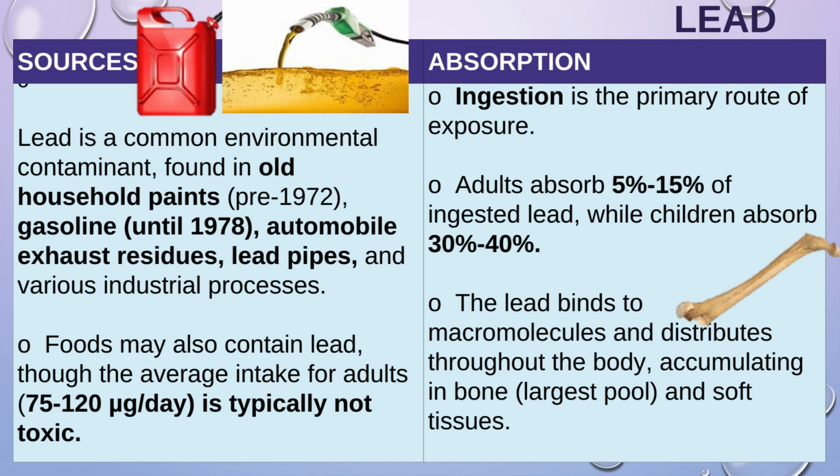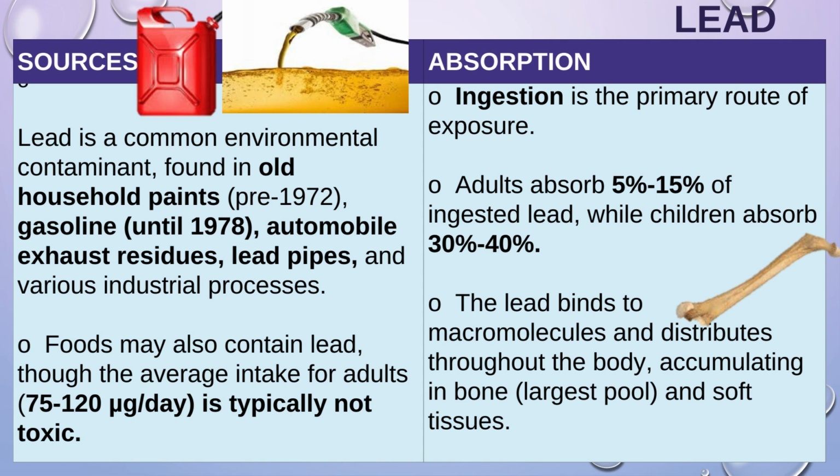So ingestion through the mouth. Adults absorb 5 to 15% of ingested lead, while kids are more affected. They are readily affected because their bone development is still ongoing as compared to adults.